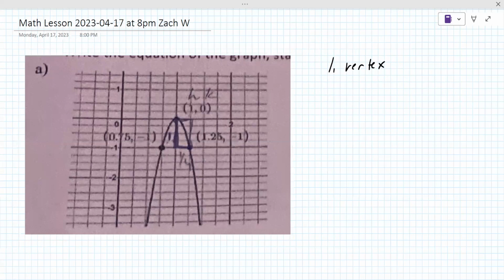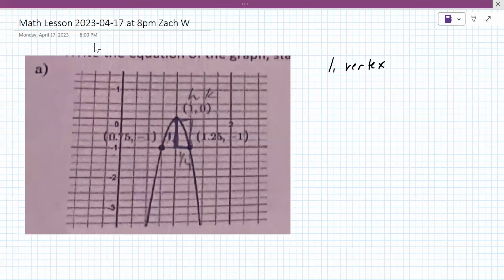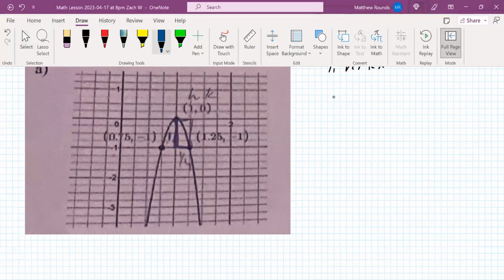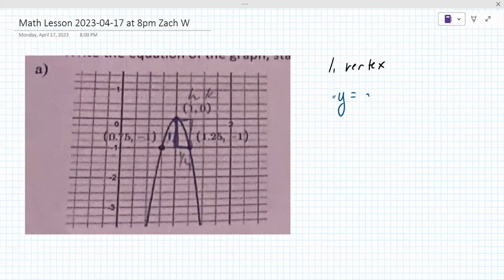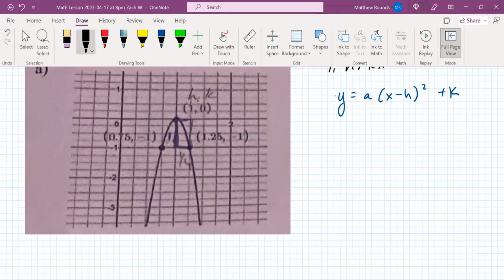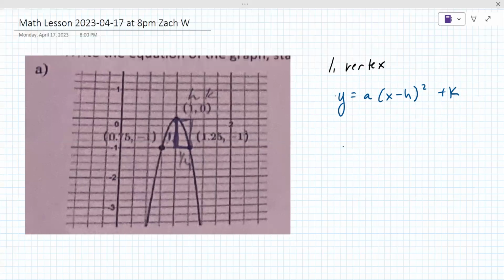Whenever they give you the vertex, you want to start with the vertex form of the equation. So it would be something like y = a(x - h)^2 + k. That puts us at a(x - 1)^2 + 0.